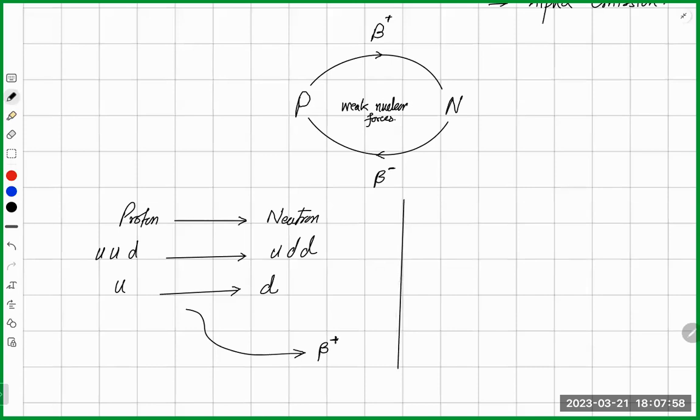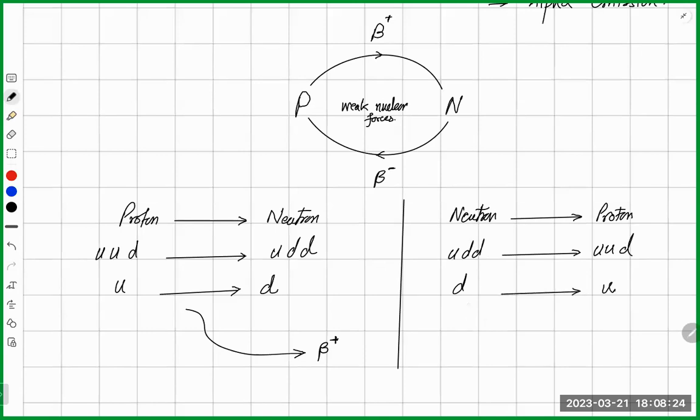Similarly, if a neutron becomes proton, it means up, down, down is converting into up, up, down. And you can see a down is actually converting into an up.